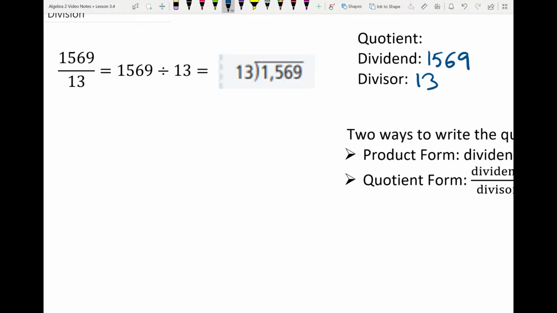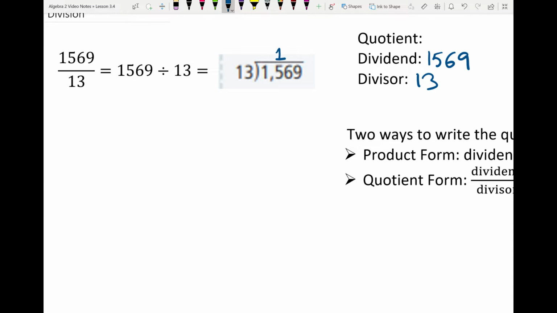Right, so let's just kind of recall how to divide two things together, right? So in the standard way, you say, well, how many times does 13 go into 15? In that case, 13 goes into 15 one time. So you write the 1 there. And then you would say, okay, well, what's 1 times 13?